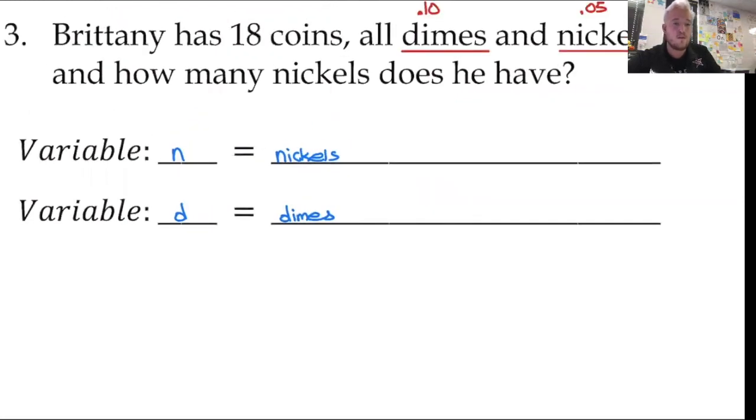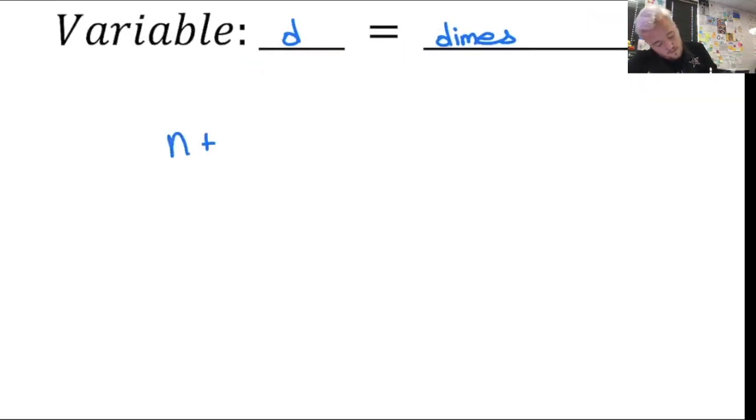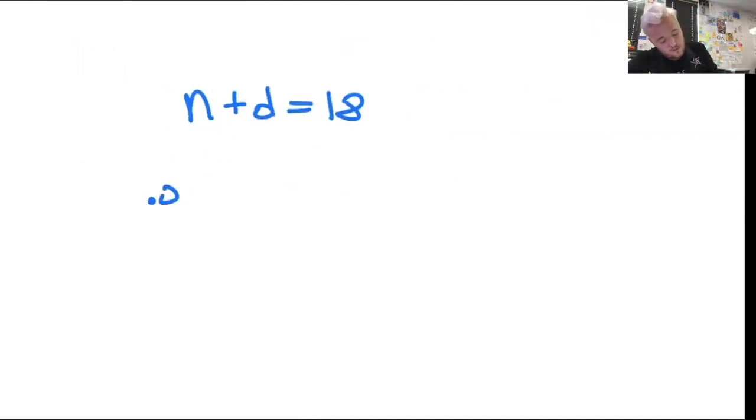There are 18 coins total, so I'm going to have N plus D equals 18, because between nickels and dimes, there has to be 18. So that's my quantity equation. Now I want to do my actual value equation. If I have 5 cents per nickel and 10 cents per dime, I know that in total will be $1.50.